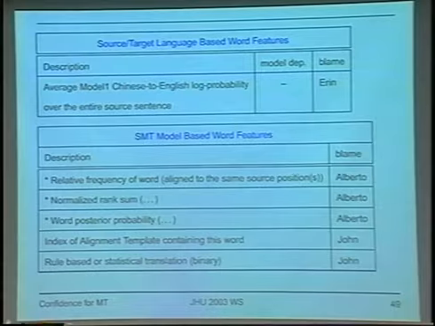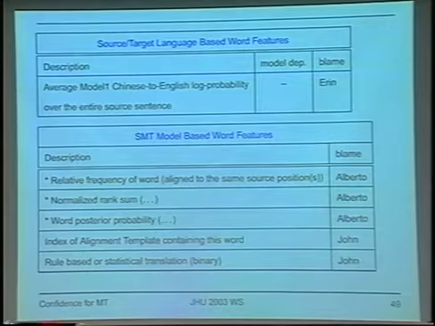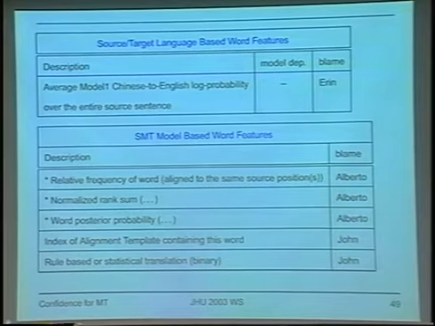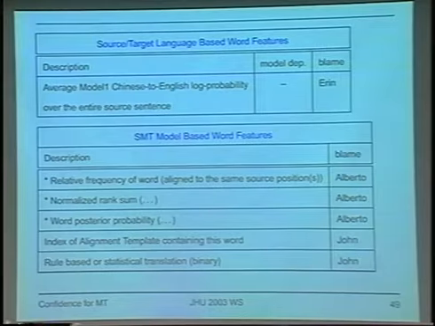Then we have some more features that depend on the source and the target language as well. This is the Model 1 that Erin already talked about and that the MT group used as well. This is not model dependent. And here are some features that depend heavily on the statistical machine translation model that we work with, which are those three that are better implemented and that rely on the alignment of the words.